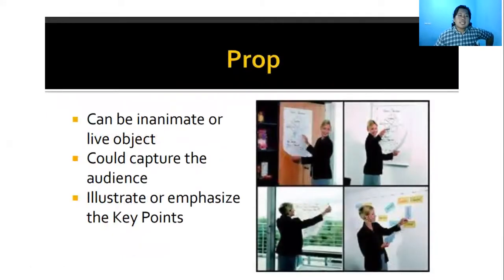Props can be inanimate or live objects that capture the audience and illustrate or emphasize the key points. One example of a prop is a globe, or this one. This is a representation of a flower, right? A plant or a flower. So this is a prop. For example, I am going to discuss the parts of a plant, so I am going to use a prop.